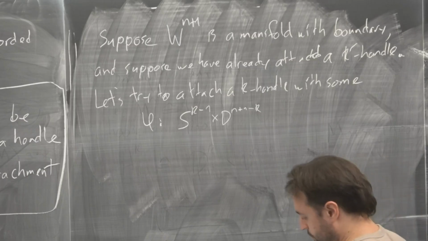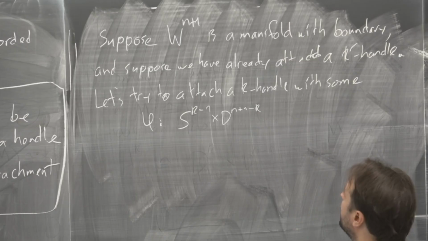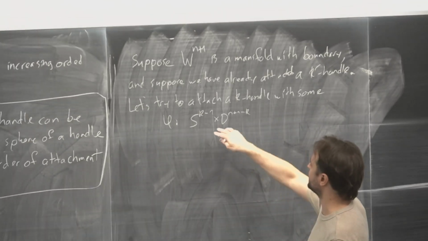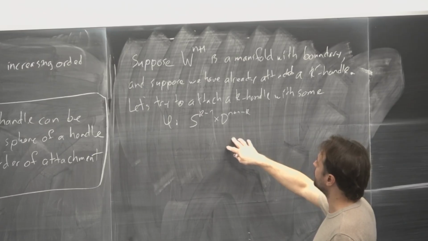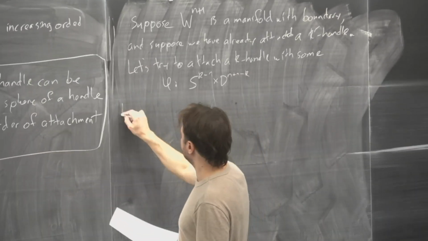Okay. So, topologically speaking, the attaching region just deformation retracts down to the attaching sphere. So topologically speaking, we only really care about the attaching sphere, right? So let's do a little analysis.